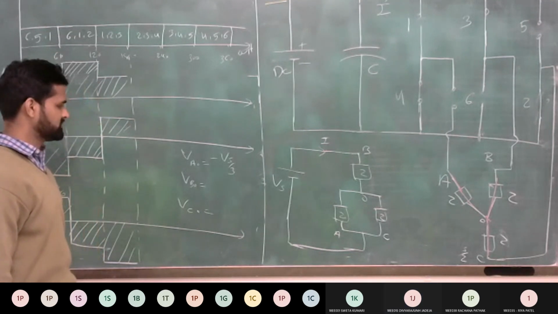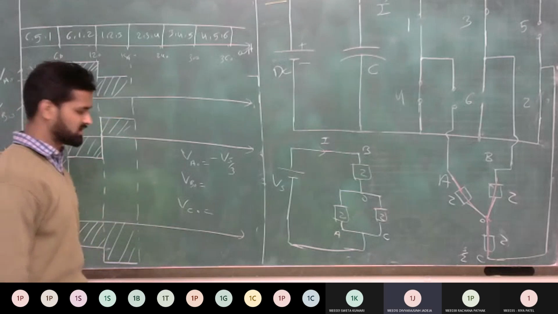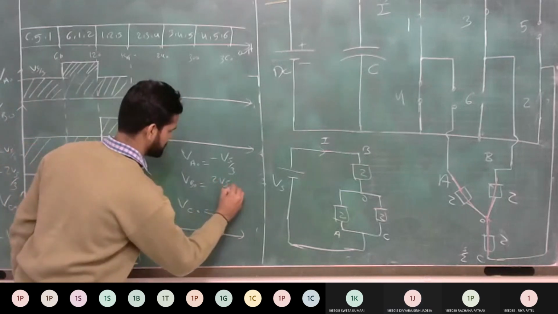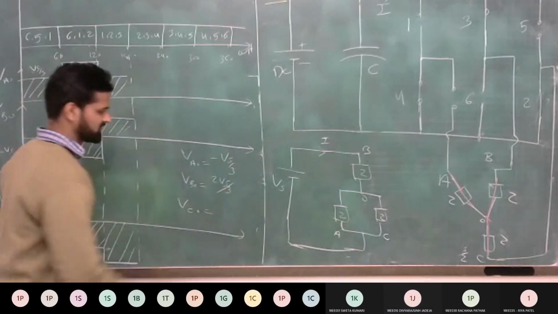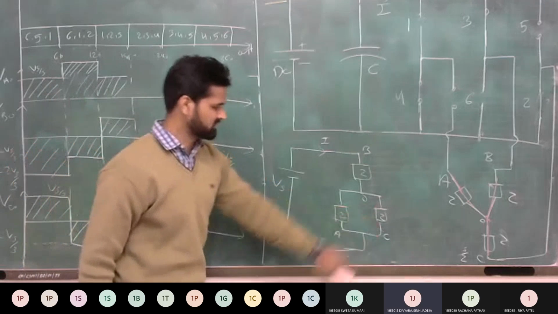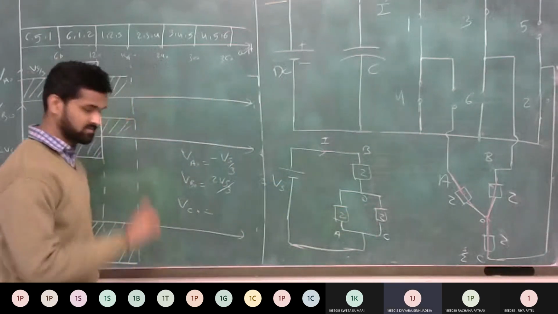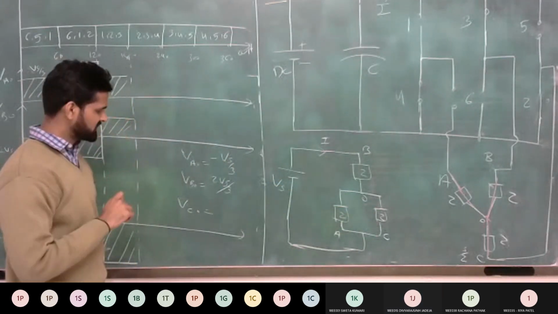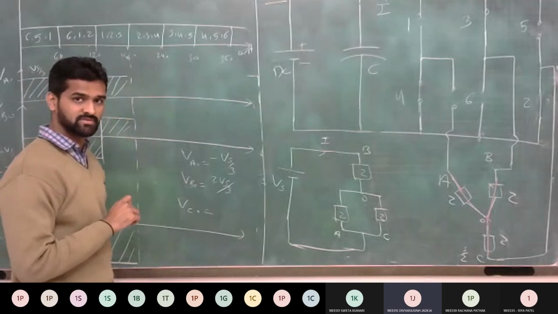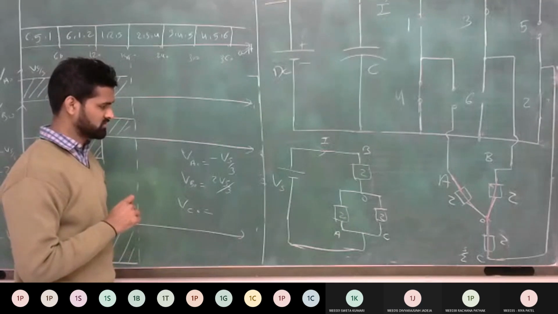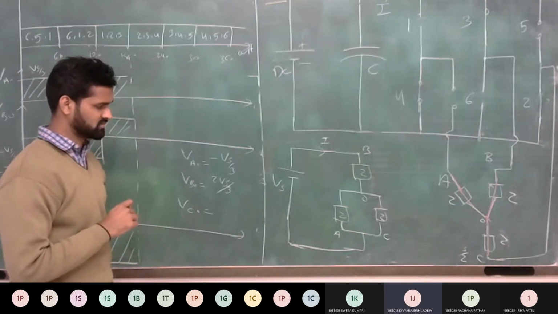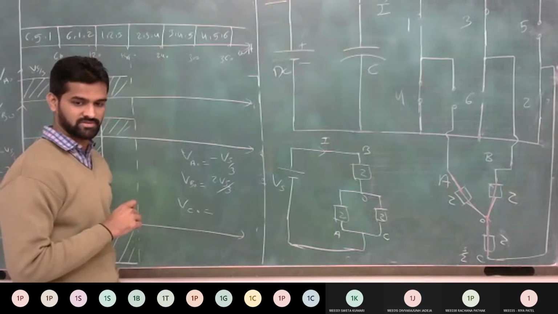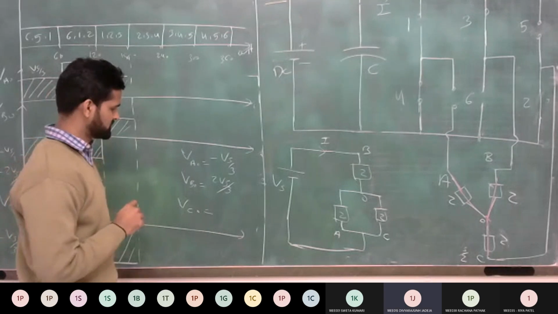Positive or negative? Positive. Yes, it is 2 Vs by 3. And VC0? Same as VB0? No, not the same. Same as VA0. Yes, VA0 and VC0 are the same.